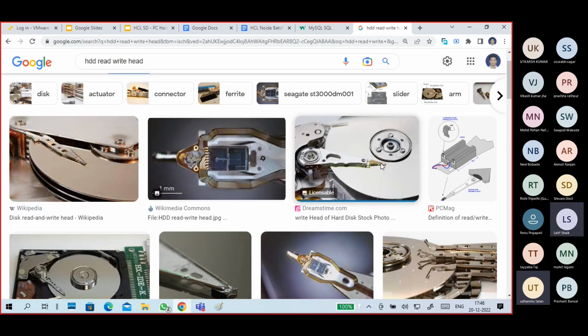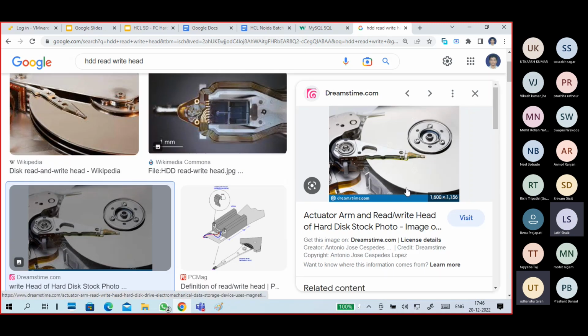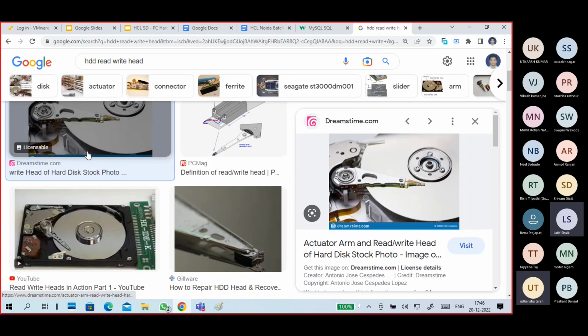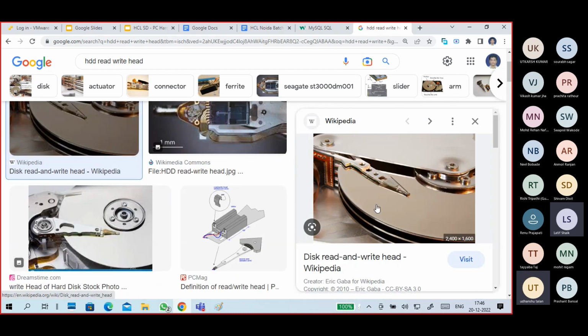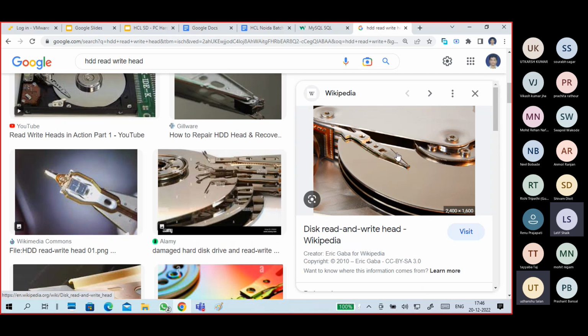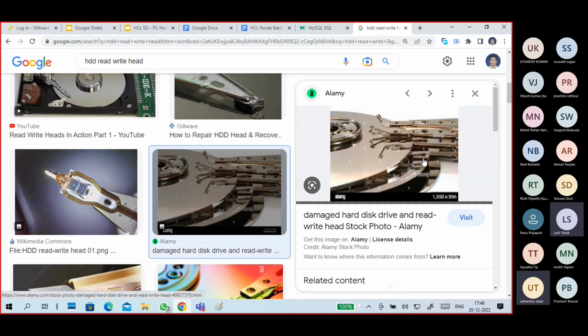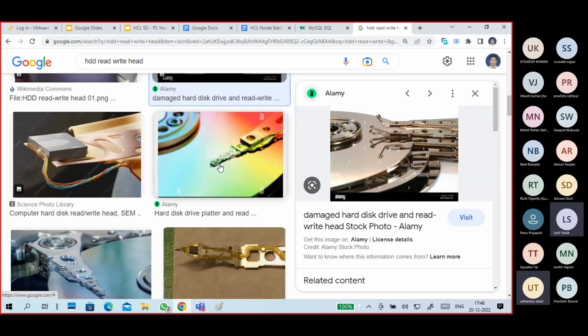Okay, this is a read and write head. It moves out and in like this, and the disk will rotate. Multi-layer disks are also there. Some disks have multiple layers, so multiple read and write heads are there.